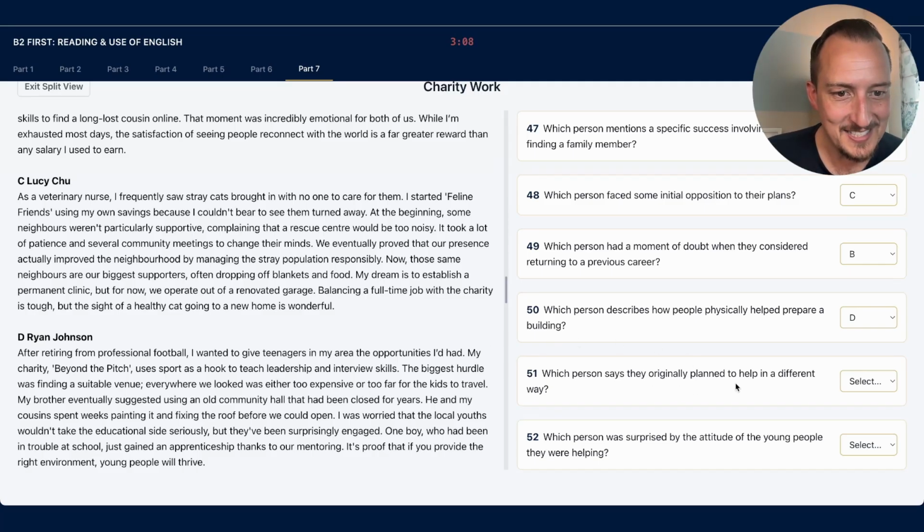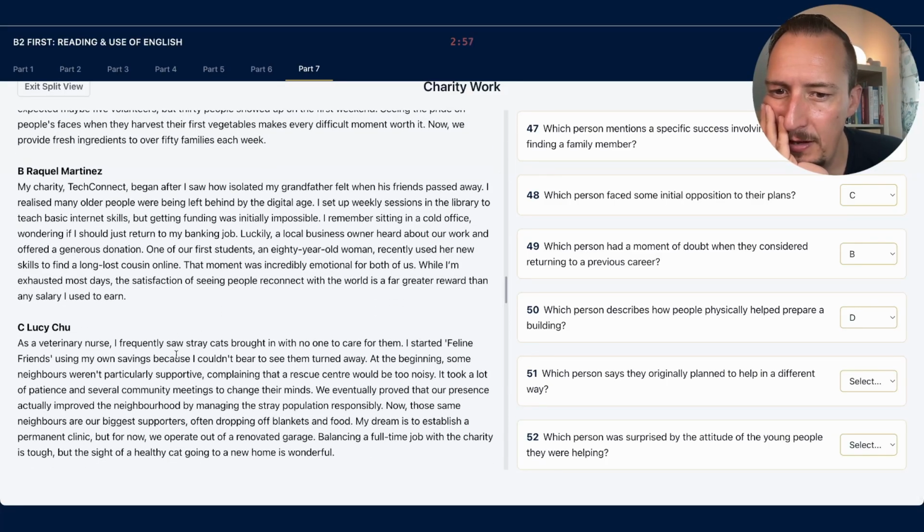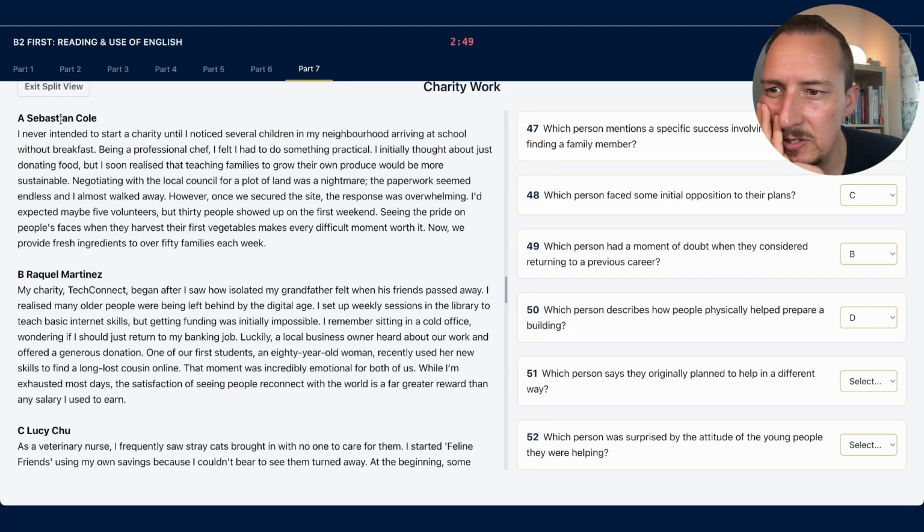Which person says they originally planned to help in a different way? Was that the chef or the charity cat? The cat one. I frequently sit, no one to care for them. Using my own savings at the beginning. No, there was the chef. I never intended to start a charity until I noticed several children when they arrived at school. But chef initially thought about, is that it?